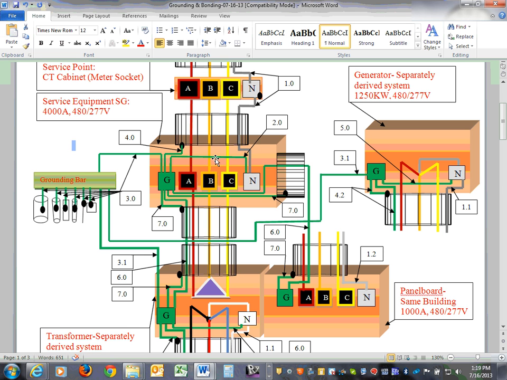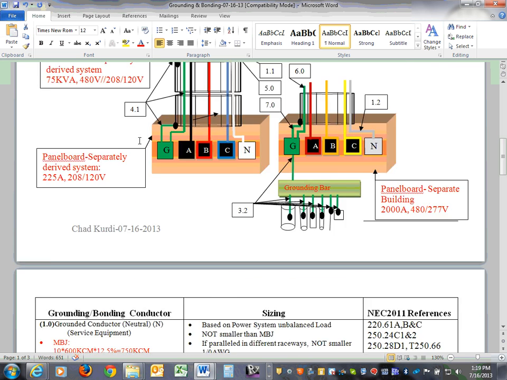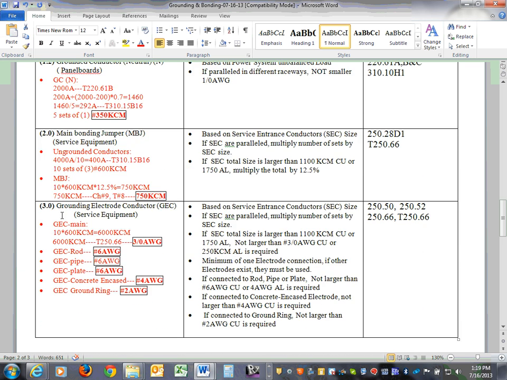By the way, anything that you see in green has to do with grounding or bonding. Now, right at the service from the get-go, you have to establish a wire. This is 3.0. That wire is called the grounding electrode conductor. So if you go down here to 3.0, it's the grounding electrode conductor at the service.